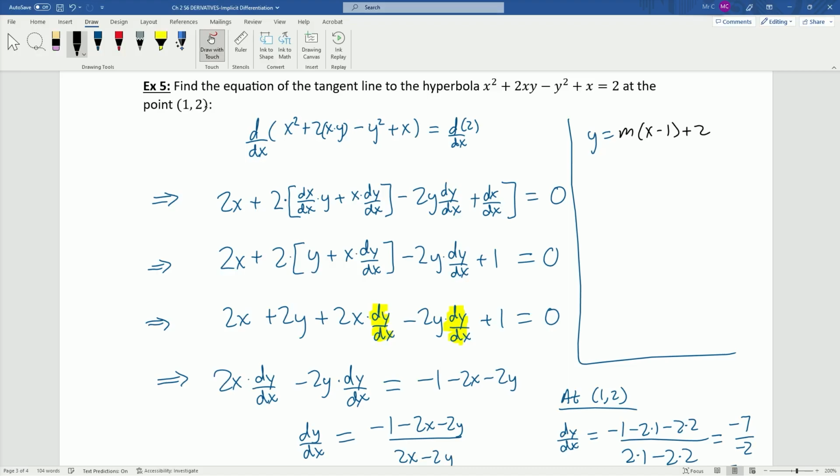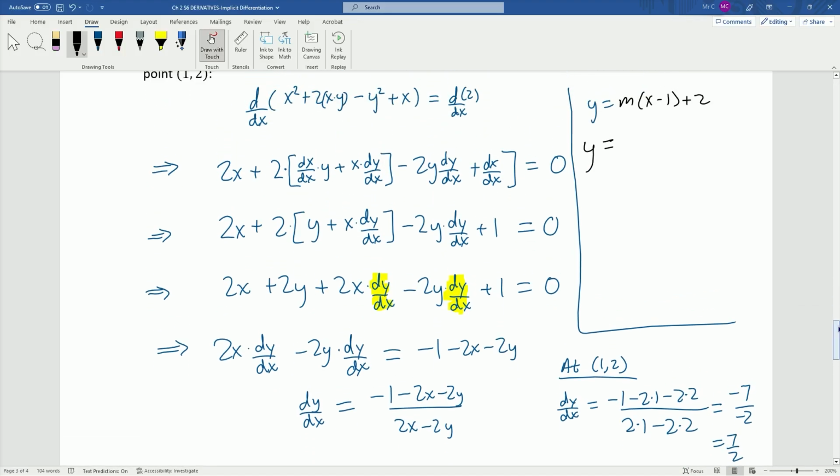That's my x value 1 and my y value 2. And so my slope, m, is just 7 halves. So y equals 7x over 2 minus 7 halves plus 2. 2 is 4 halves. So this is 7x over 2 minus 3 halves.